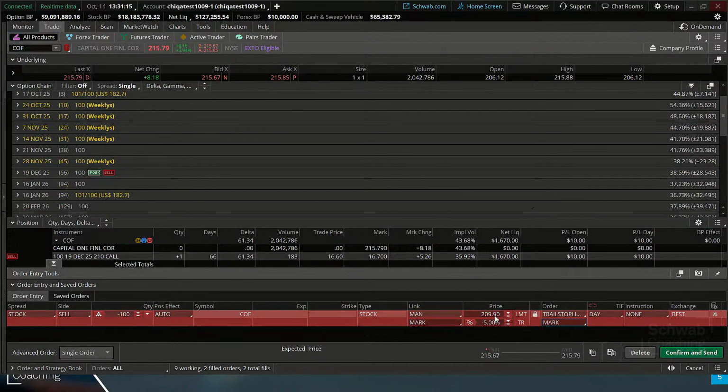Trail stop limit is similar, but with the trail stop limit, you're going to send a limit price after that trail stop is activated. A lot of times you don't know what price that's going to be activated at because your stop is dynamic. So a lot of traders will change this link from linking it to a manual price to linking it to the mark, which is similar to what we have that trail based off of.